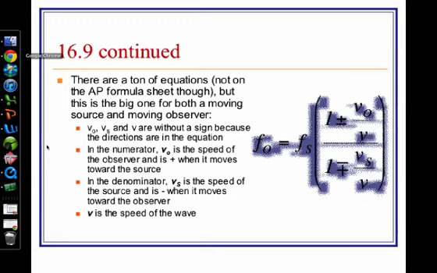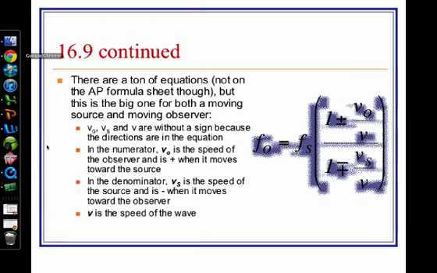If the observer is stationary, the velocity of the observer is 0, so the top part of this equation just becomes 1. If the source is stationary and the observer is moving, then the bottom part of this equation just becomes 1.